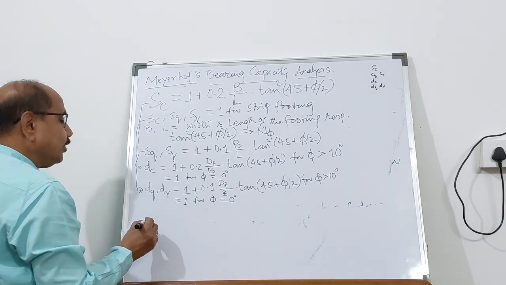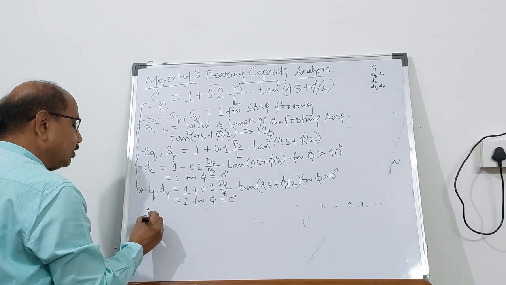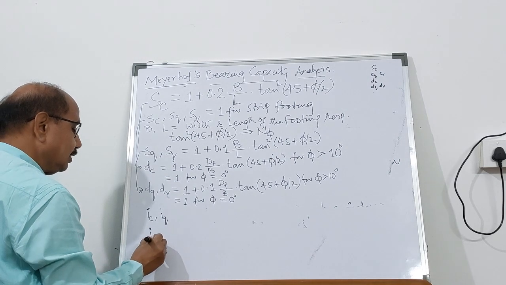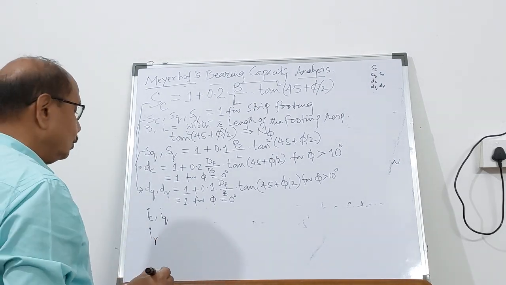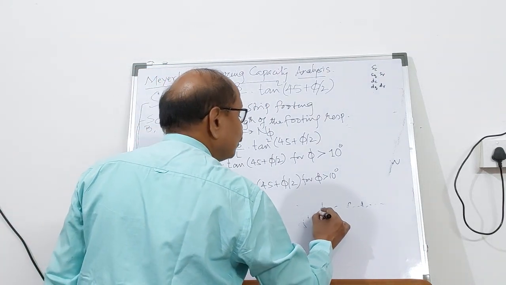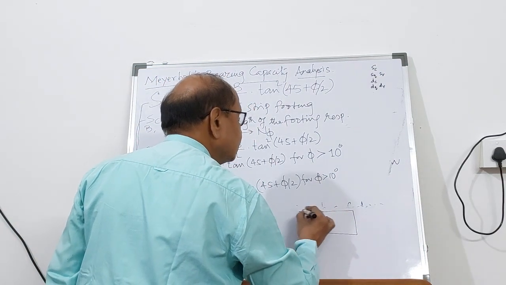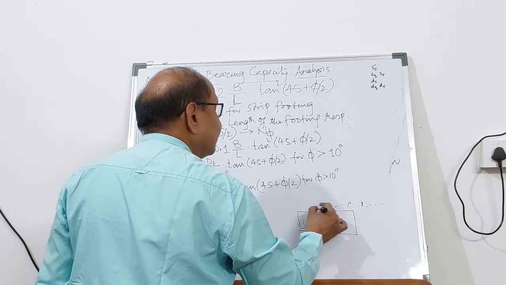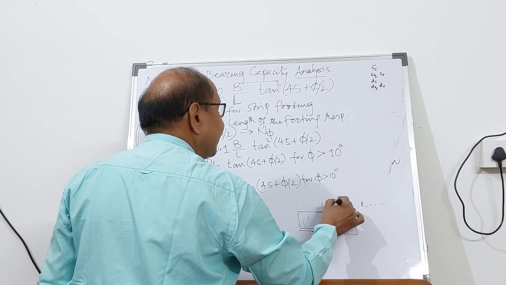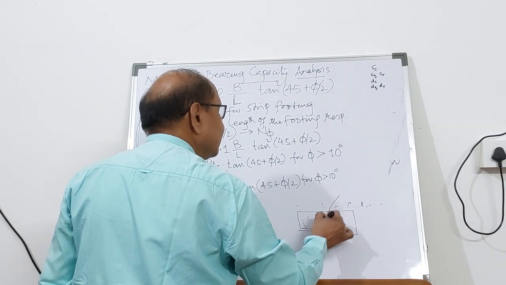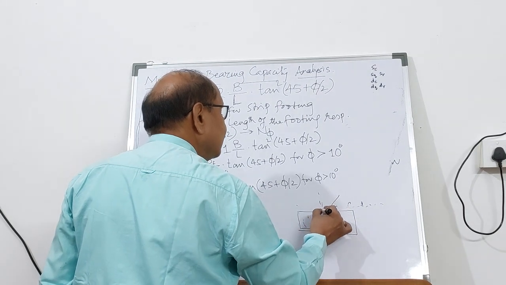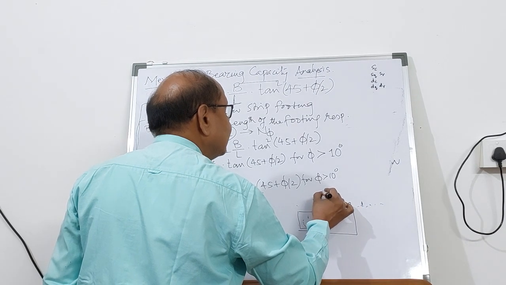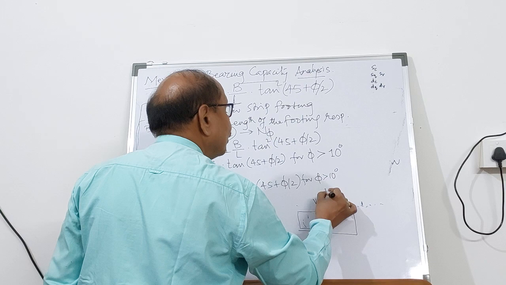Then comes the inclination factor. The inclination factors will be i c, i q and i gamma. So what is the inclination factor? If this is a footing and the loading comes over the footing in such a way that the load is inclined, you will have two components, one vertical and another horizontal component.